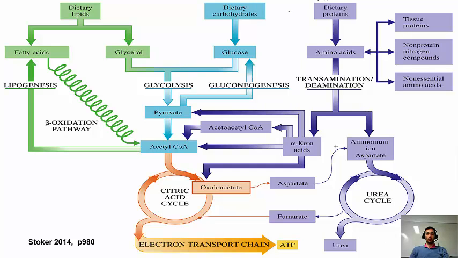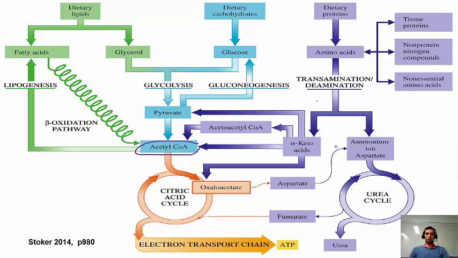So we've covered in depth our carbohydrate metabolism and also lipid, and today we've looked at the amino acid metabolism. So you can see that there's plenty of different connections between all of the different types of metabolism. Mostly those connections are around acetyl-CoA, because acetyl-CoA can actually be produced from the breakdown of lipid, carbohydrate, and also amino acids. So that's why we call the acetyl-CoA the central metabolite.